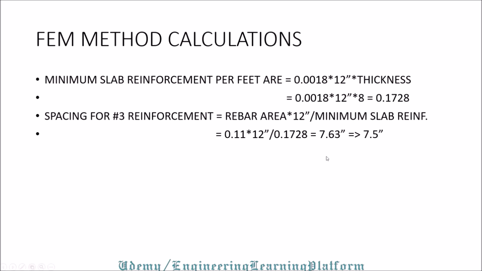So if I plug in the values into the formula, 0.11 into 12, since we are calculating per foot, divided by the minimum slab reinforcement which we already calculated as 0.1728, the spacing of the number 3 bar comes out to be 7.63 inches. To round this value, we will provide 7.5 inches of slab reinforcement.